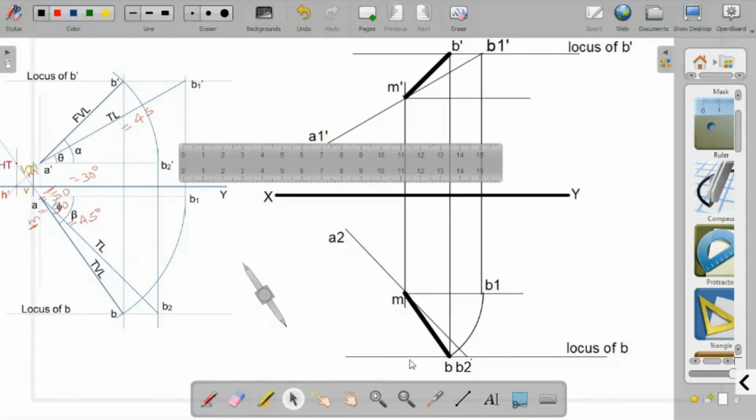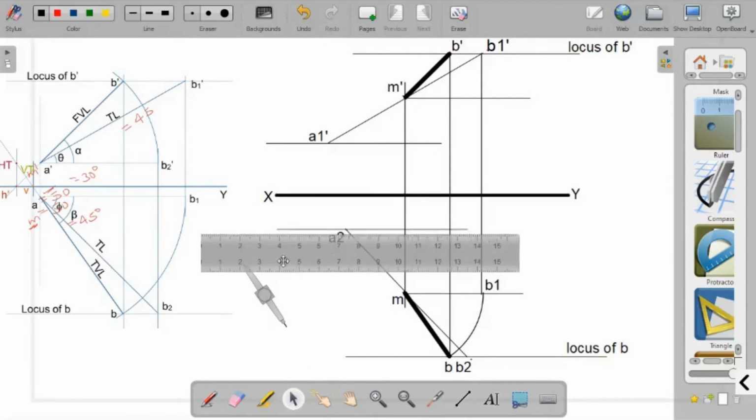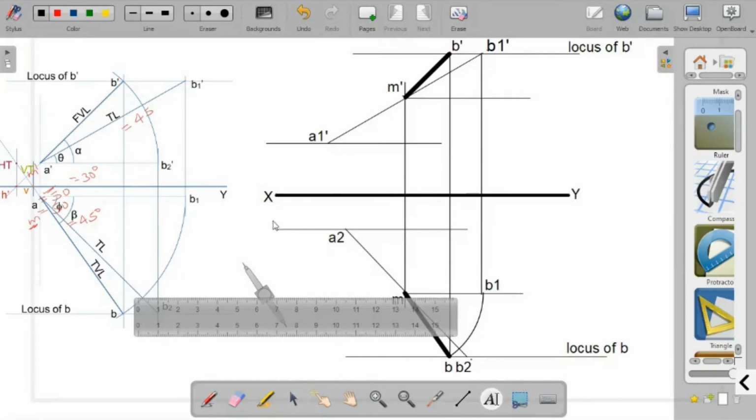Through A2 you can draw the locus of A. This is the locus of A, and this is the locus of A dash.